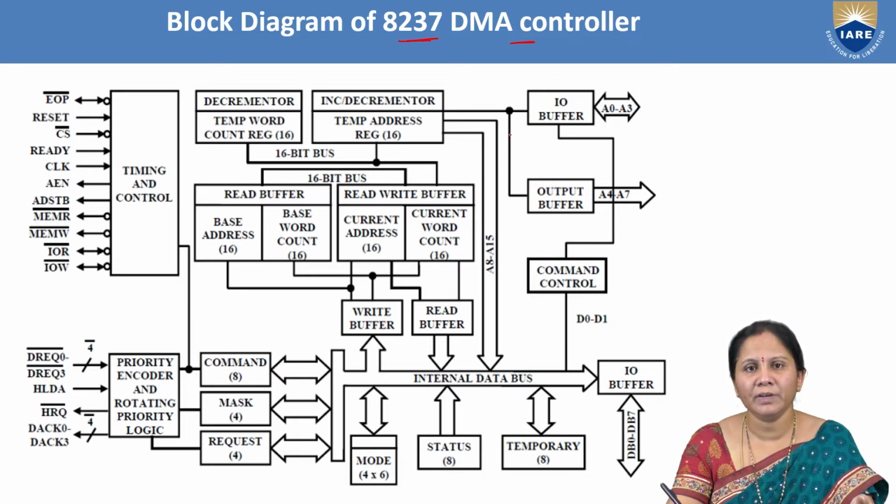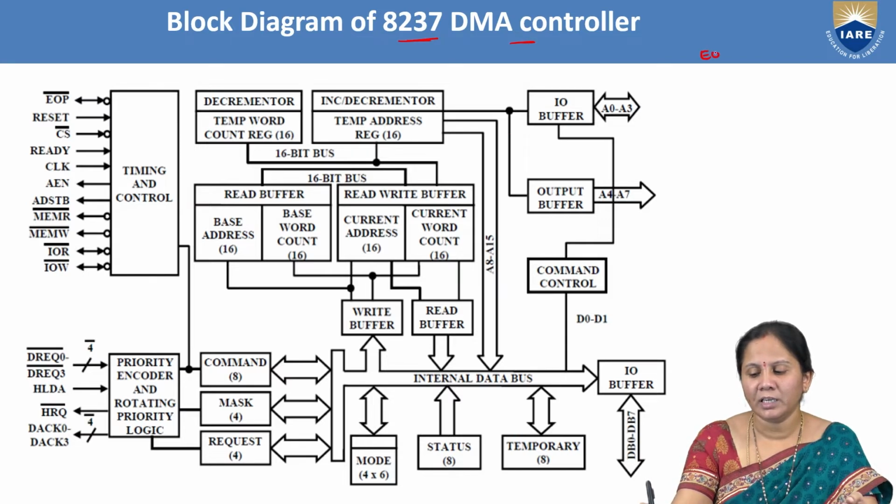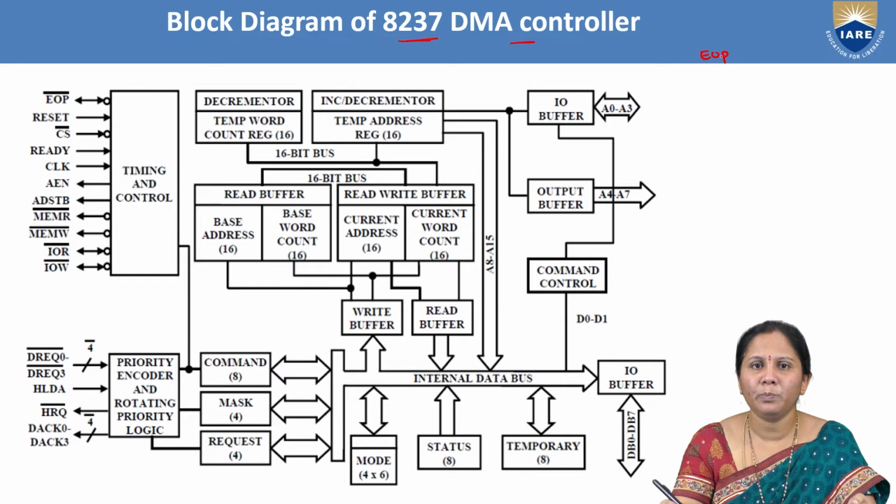It is also having 40 pins, and all the pins will be the same as we have seen in the 8257 DMA controller. Only one new pin will be here in the 8237 DMA controller, that is EOP. EOP represents end of process.